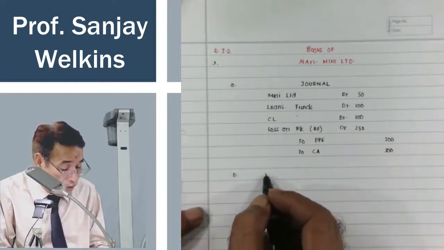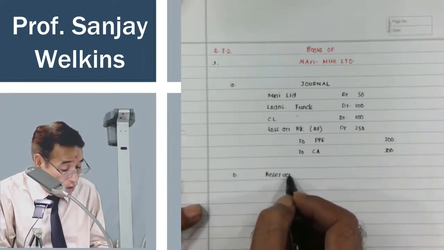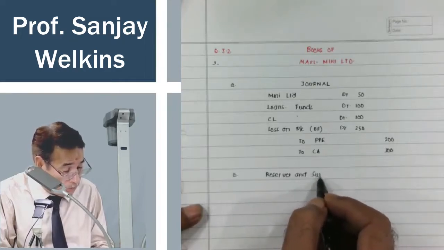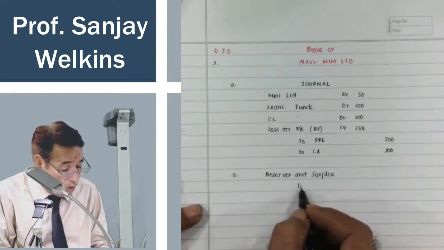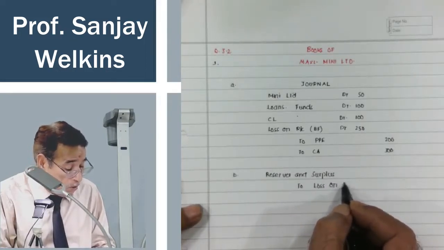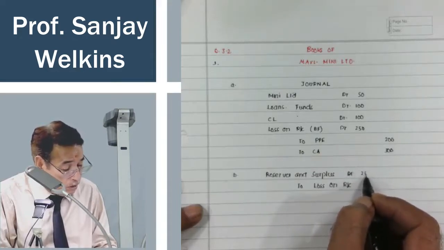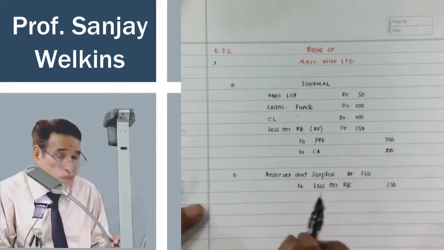In order to set off the loss, I will write here reserves and surplus or other equity. Reserves and surplus account debit to loss on reconstruction. Loss on reconstruction 250 and 250. So loss has been set off now.